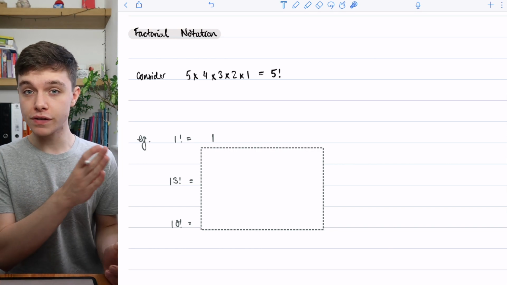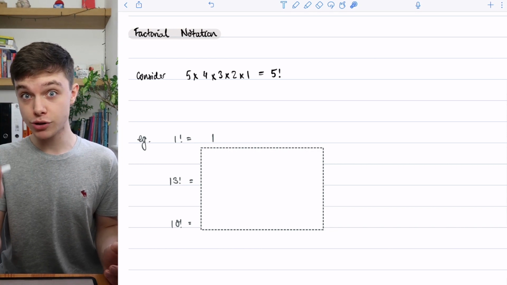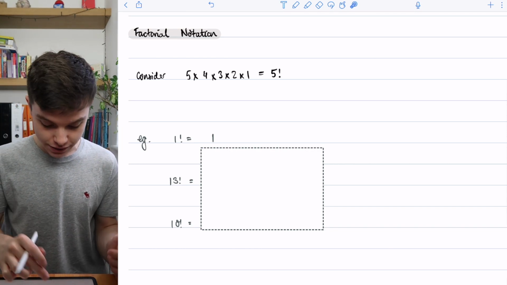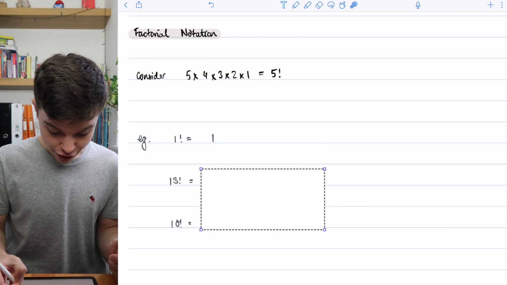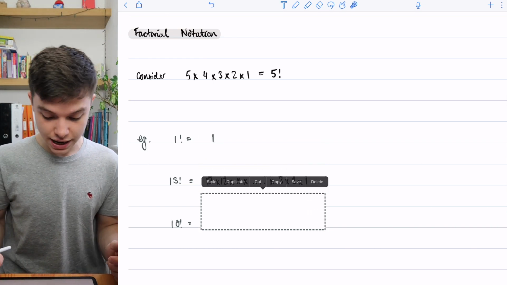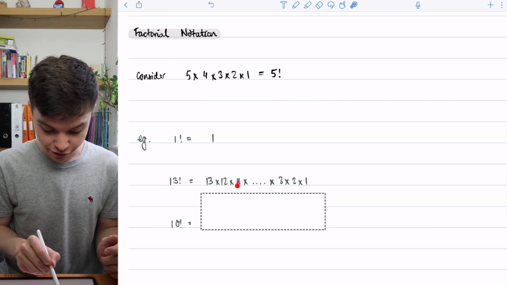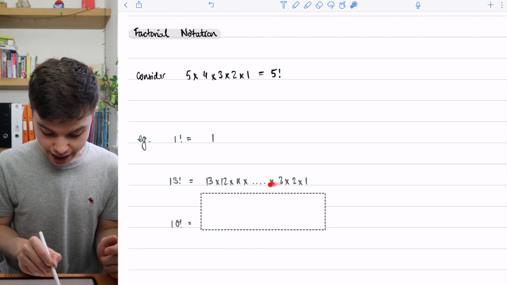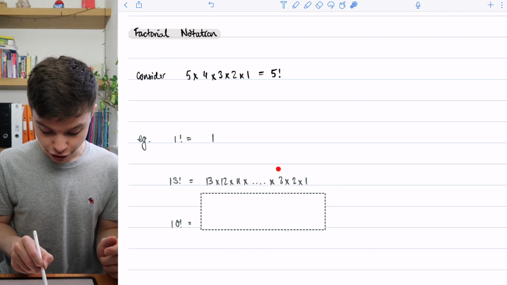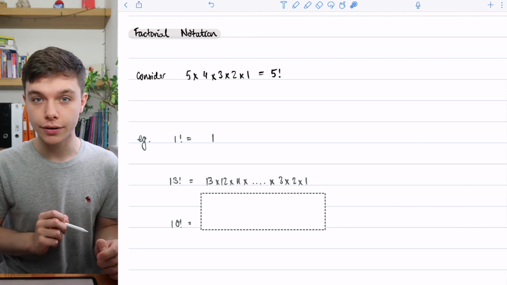5 factorial was 5 times 4 times 3 times 2 times 1, so 13 factorial is just going to be 13 times 12 times 11, and I've put dots in the middle there. That basically means if we follow the pattern, we're decreasing by 1, so all the numbers in between are included as well, and then 3 times 2 times 1. Okay?